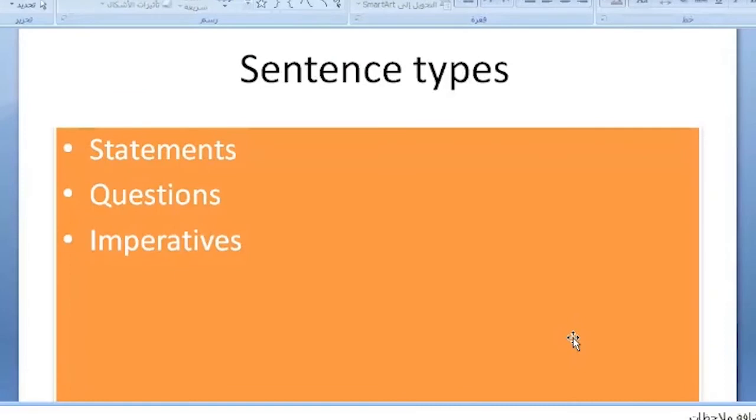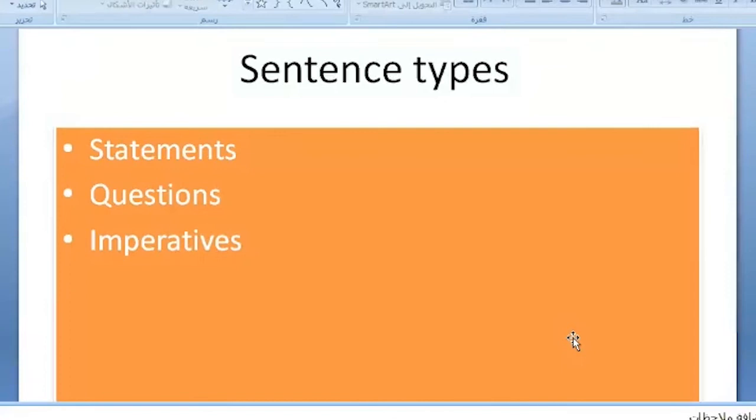So these things, I mean statements, questions, imperatives, these things, I suppose you know them. I suppose you have already taken them in the third year, in the second year, in the first year. It is supposed so.